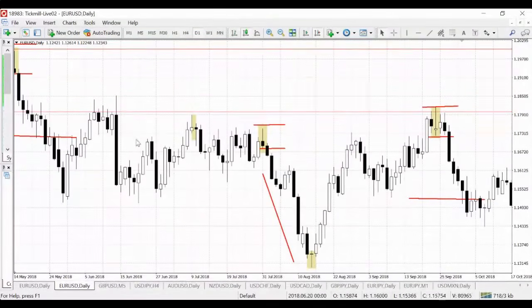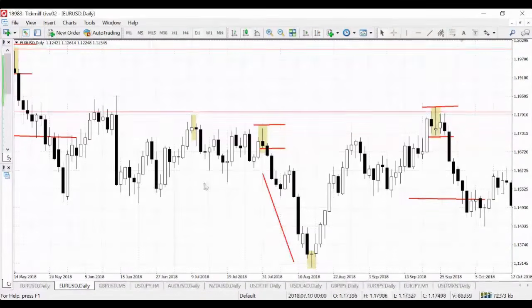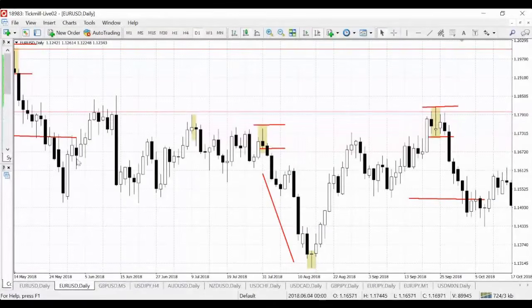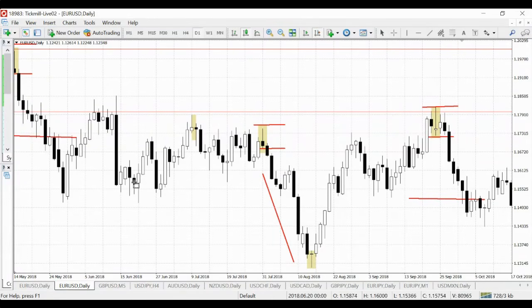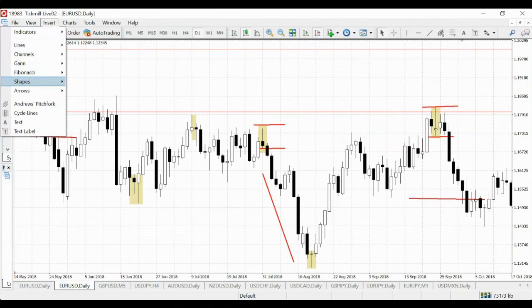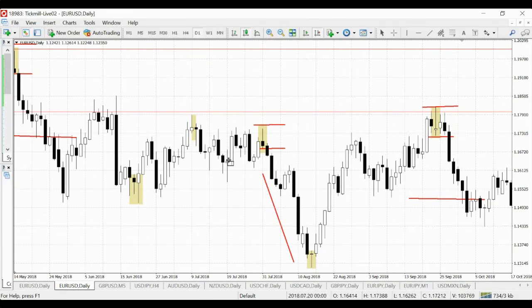We also have failed signals on this screen. For example, we are moving in this area in consolidations, and we have some pin bars. We could say these are signals, and these ones are also pin bars.